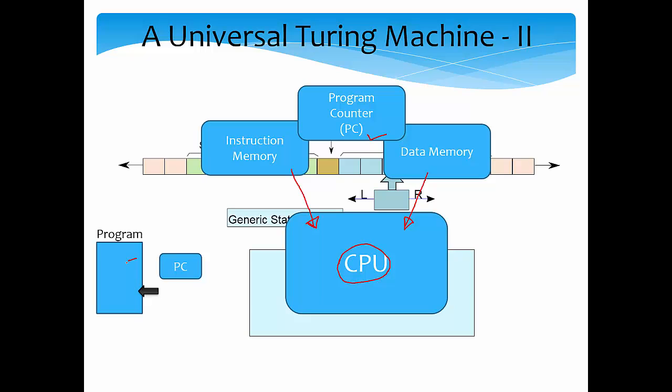The simulated action table, we made it the instruction memory because it has all the instructions. The simulated state register, we made the program counter, or the PC, which tells us where exactly we are inside a program. And the data memory tells us what data we need to work on.